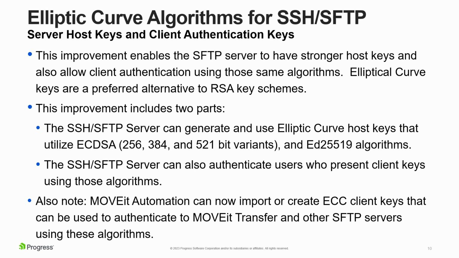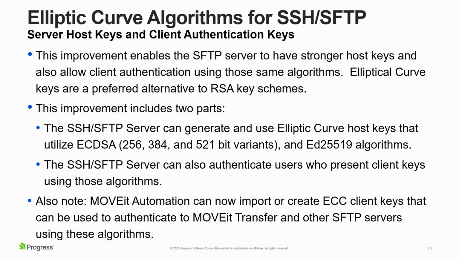But as David went over, what we've added now as another step in this refresh of our SFTP stack is two things. One is the ability for the SFTP server to present elliptic curve host keys, which these days are pretty much de rigueur, what's expected, particularly the Edwards curve, ED25519, which is a variant of an elliptic curve key.